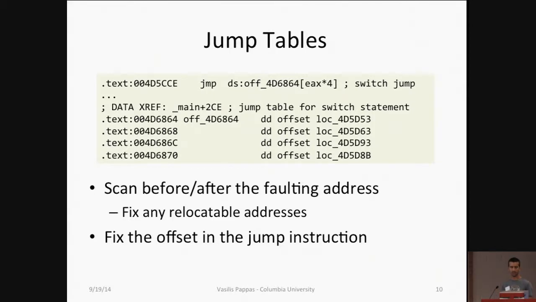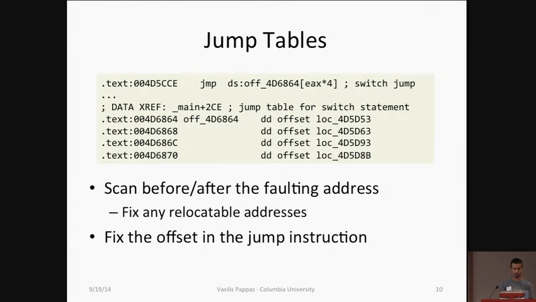So let's start by seeing how we handle jump tables. So on the top, we see an example for a jump instruction that is generated as part of a jump table, which is the translation of a switch table in C. As we see here, when this instruction is going to be executed, we will get a trap because it accesses locations in the original code segment.